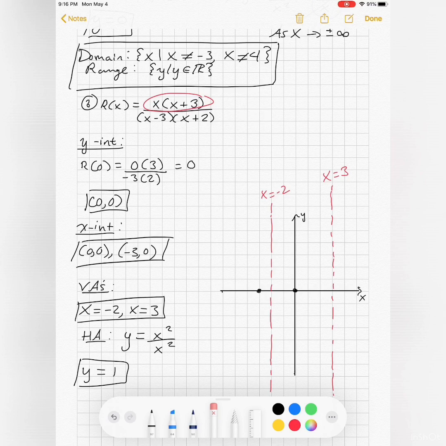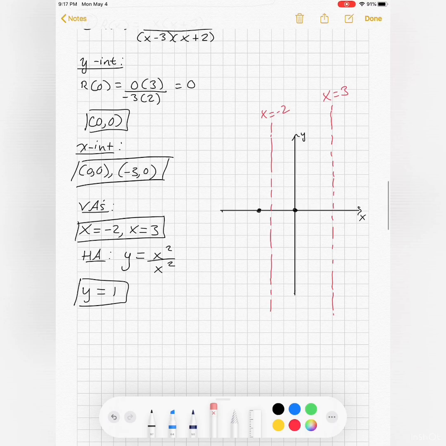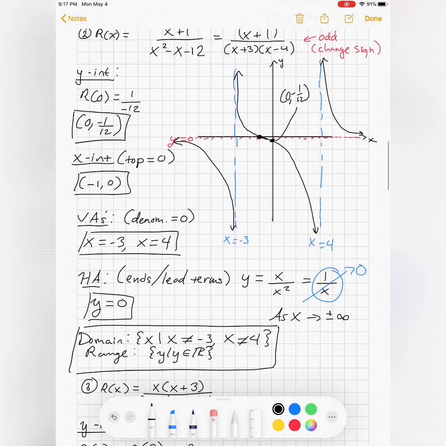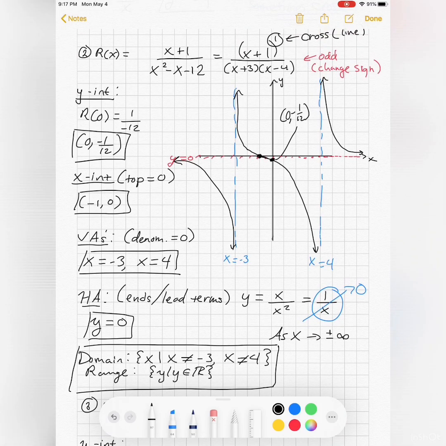Remember how we said sometimes functions cross the horizontal asymptote? So it seems like a valid question then. Does the graph cross its horizontal asymptote, y equals 1? If you look back up here, see how in this last example I didn't have to answer that question separately. That's because the horizontal asymptote was y equals 0.